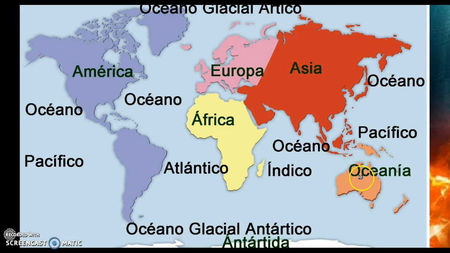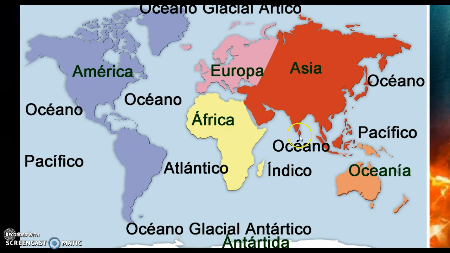We can also say we have different oceans. We have 5 different oceans. For instance, we have the Pacific Ocean, which is this one on the left side of the screen, and also on the right side of the screen. Besides, we have the Atlantic Ocean, which is in the middle of the screen and separates America from Africa and Europe.